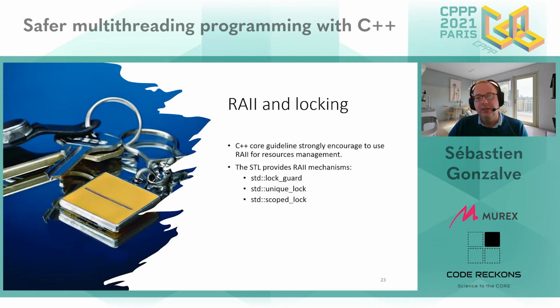And if it gets destroyed for whatever reason, let's say an exception or whatever, the lock will be released, and there won't be any deadlock waiting in the code. unique_lock is more or less the same thing. The only difference is that you may be able to unlock a unique_lock manually, which is not possible with lock_guard. With lock_guard, you must destroy it to unlock the associated lock.